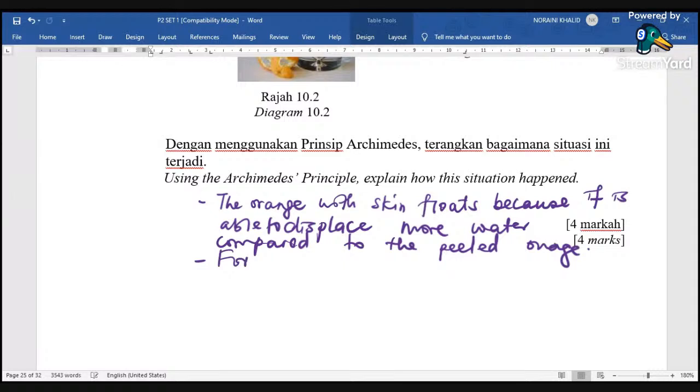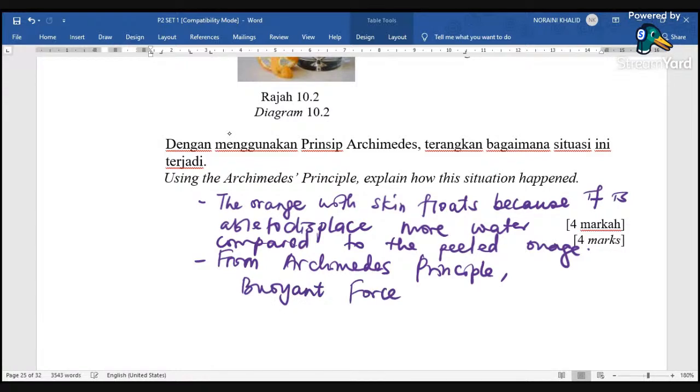From Archimedes principle, buoyant force equals to weight of liquid displaced.